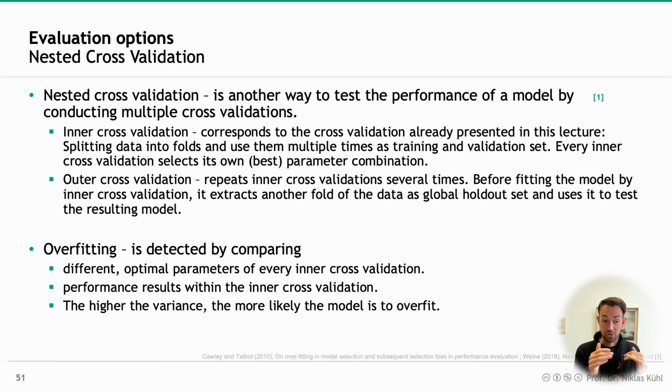You can compare the different optimal parameters in the inner cross-validation, right? You can look at the results of the outer cross-validation. So if you want to combine optimizing of parameters with a cross-validation, always use a nested cross-validation. Otherwise, you will overfit your model because it will optimize on these test sets which can never be used for it.